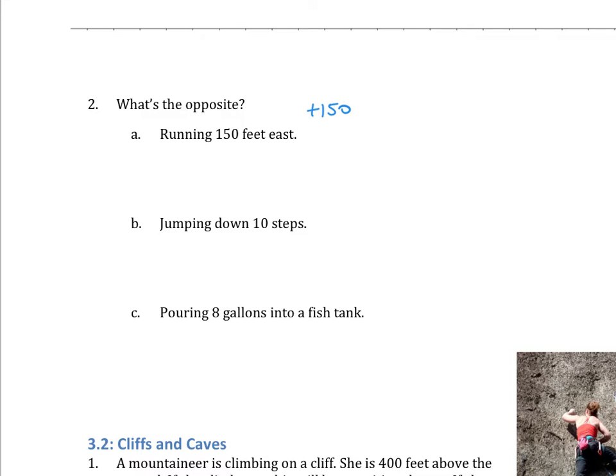The opposite of that would be, instead of running to the east, running 150 feet west. So this would be a -150. Again, we have a positive 150 and a -150.